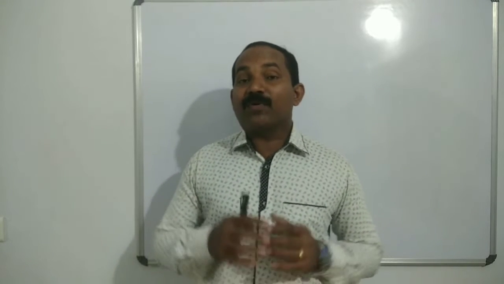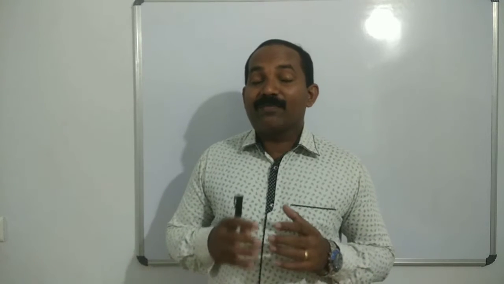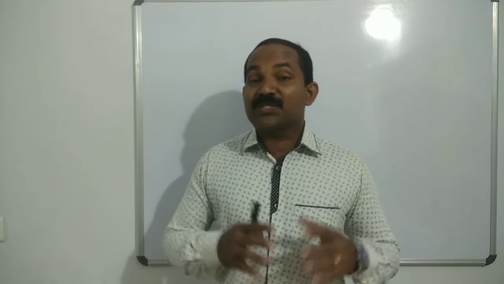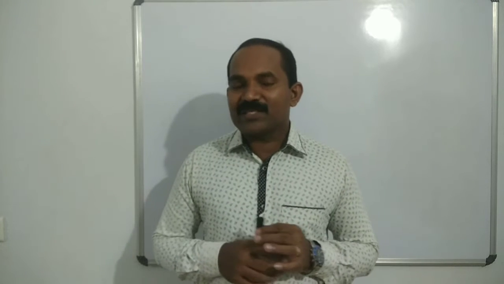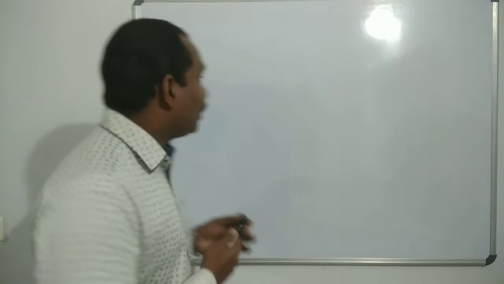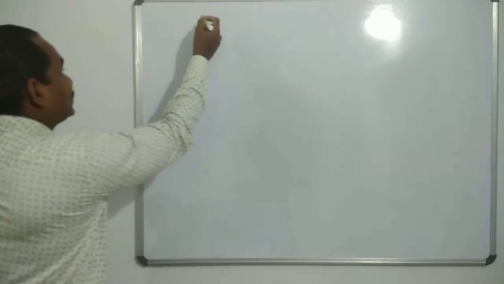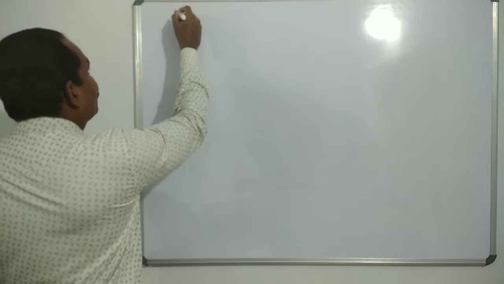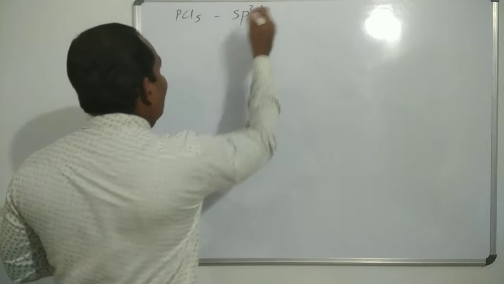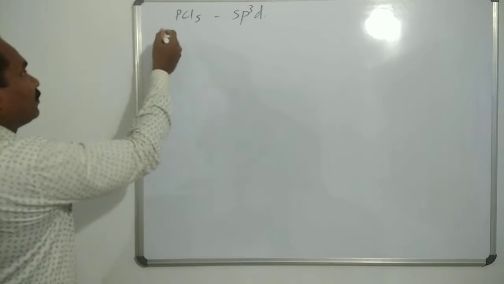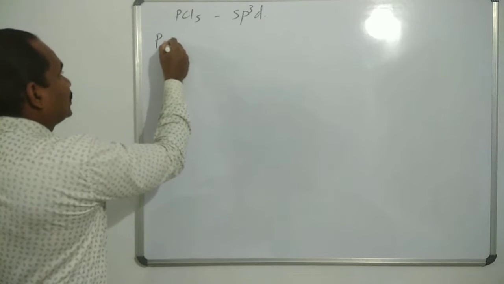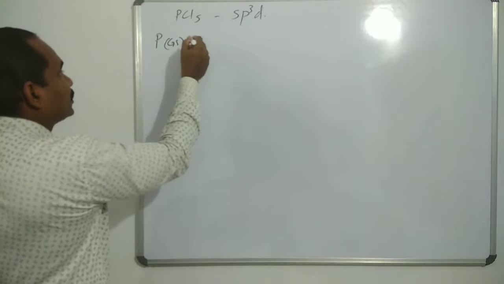First one is the formation of the PCl5 molecule, phosphorus pentachloride, and the hybridization is sp3d. Let's discuss how the PCl5 molecule is forming. First of all, we have to write the ground state electronic configuration of phosphorus.